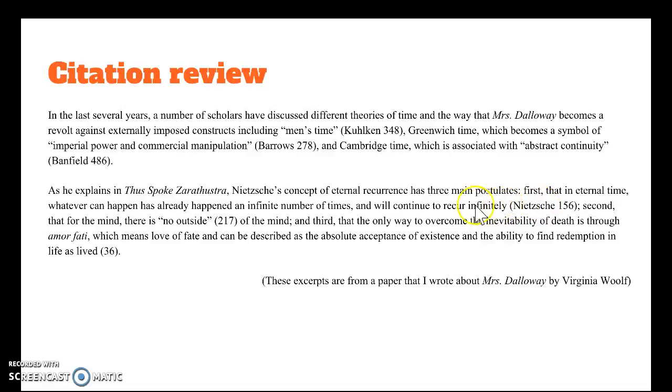But after that, I'm still talking about Nietzsche's book. I haven't changed to a different source. So after his name appears the first time, I don't have to put his name again, because my reader will automatically assume that any page number that comes after this first one is from the same source.